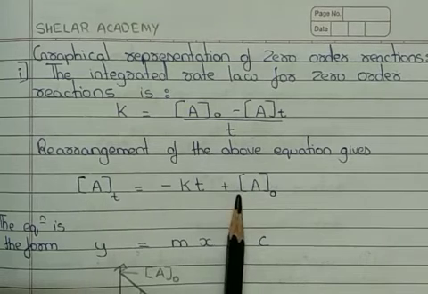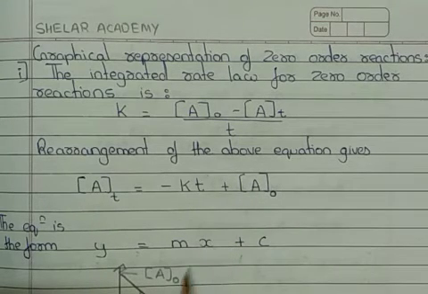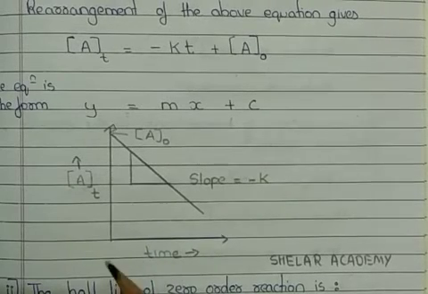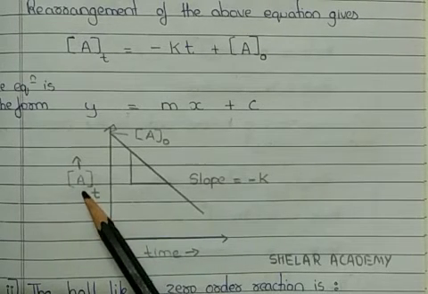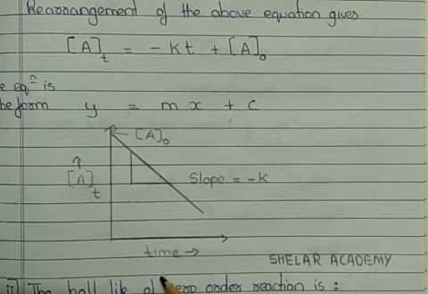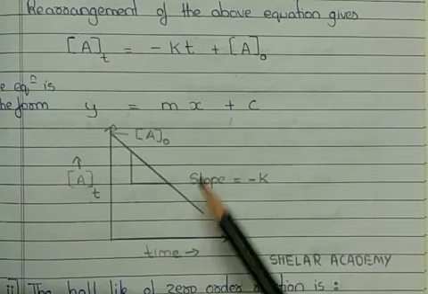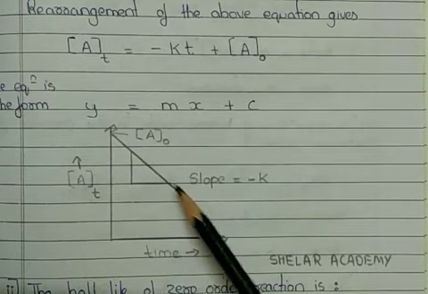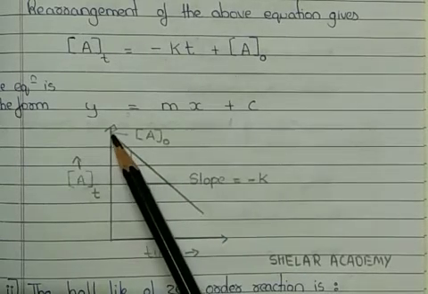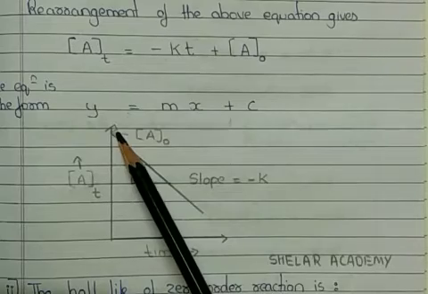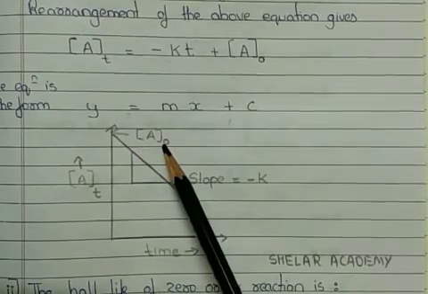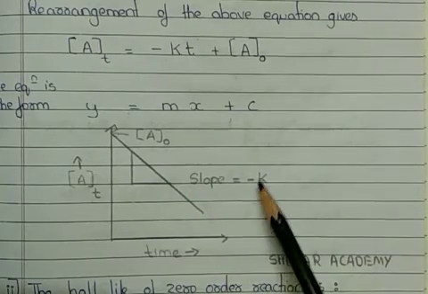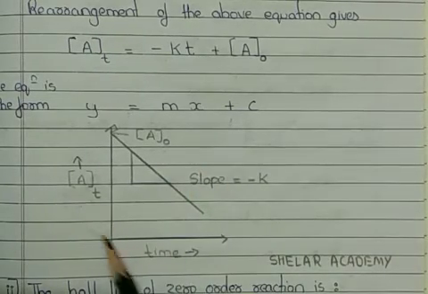So the graph will be a straight line, but a declining line, where our y-axis is concentration of A at time t and x-axis is time. The y-intercept will give us concentration of A at time 0, and the slope will be equal to minus k. So this is the first graph of A t versus time.